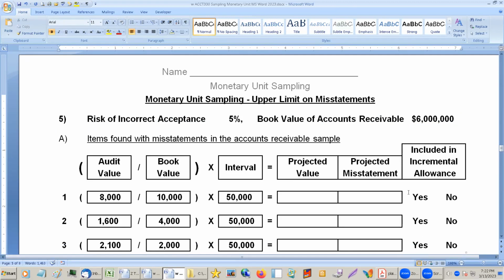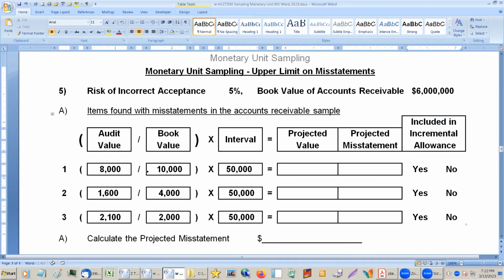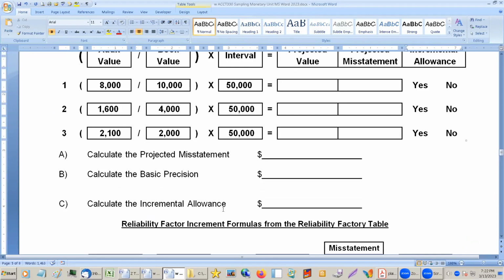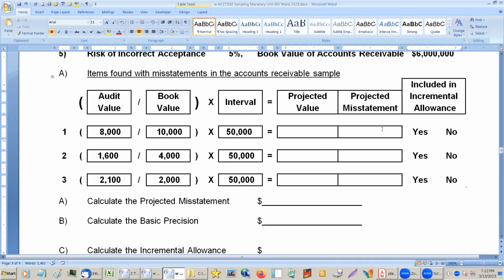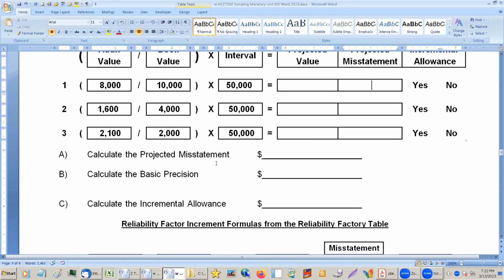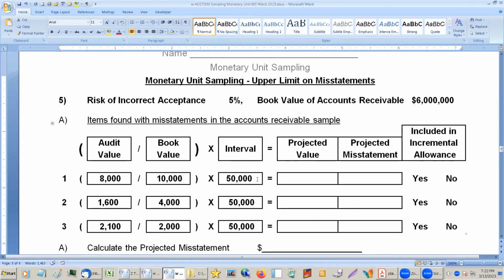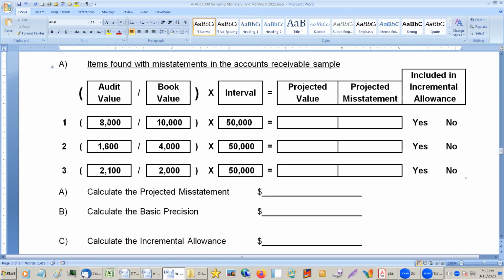They didn't have this stuff over here. I kind of added that, but they would have these columns. And so what we're going to do is find out our projected misstatement. And then we're going to introduce a couple new things here, just to make it more confusing. Okay, so we'll go through these.